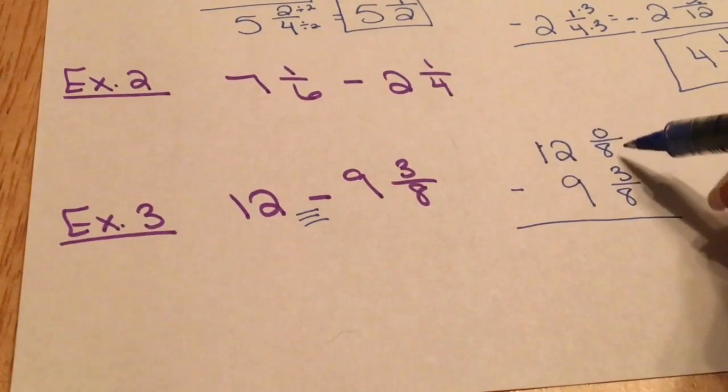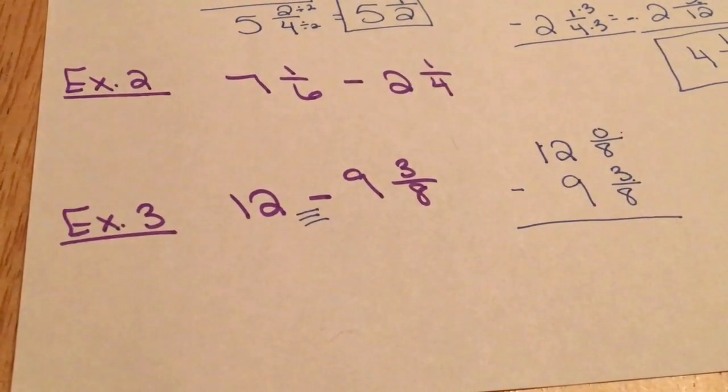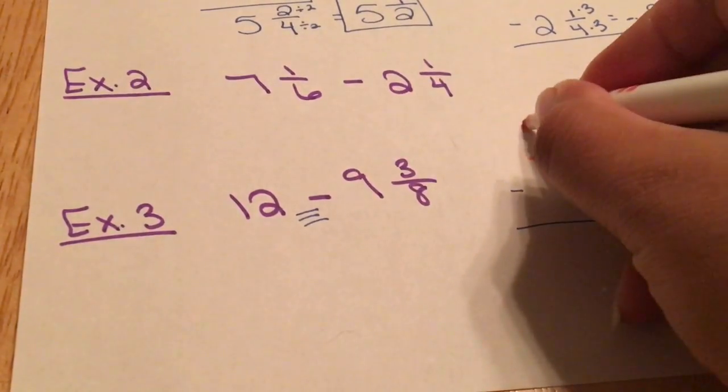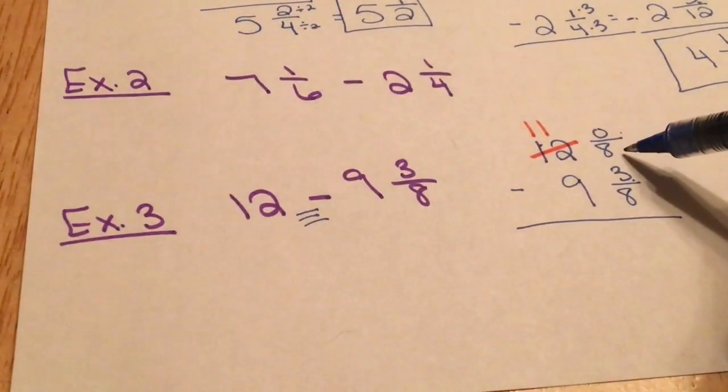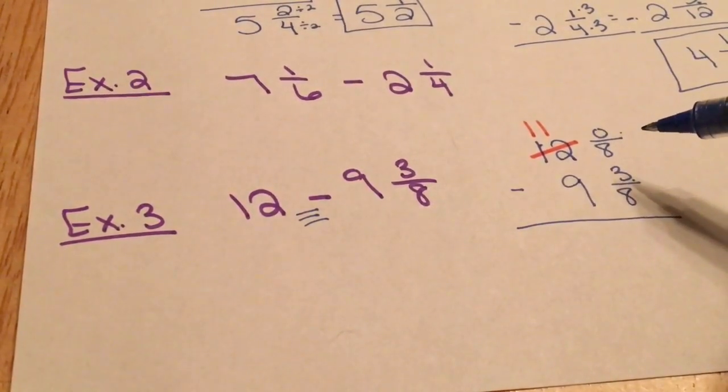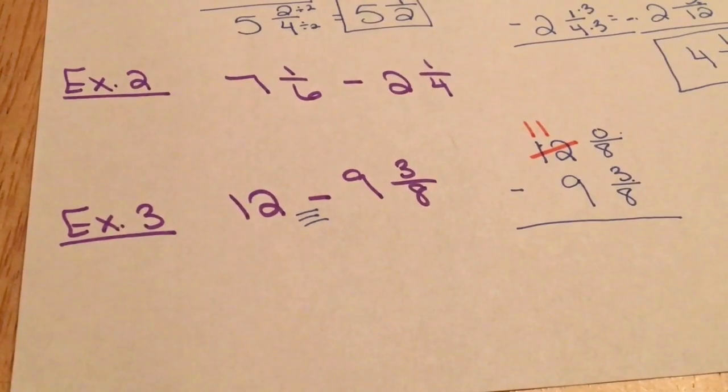Since I can't subtract 3 from 0, what I'm going to have to do is borrow one more time. So I'm going to borrow from the 12. That's going to be 11. We're working with 8ths right now, so I'm borrowing 1 whole, which is 8/8.